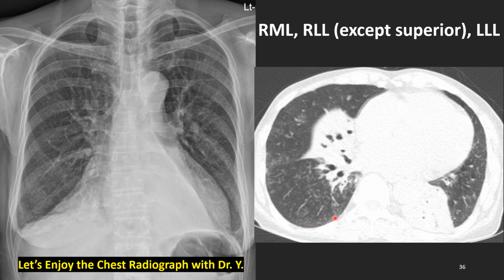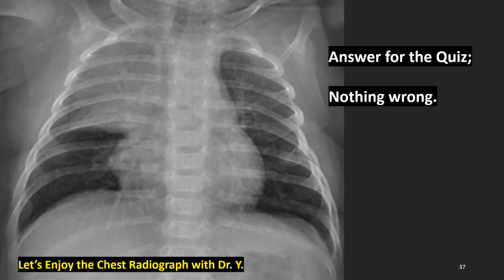This is superior segment, right lower lobe collapse except superior segment. Middle lobe, right lower lobe, left lower lobe collapse. Interesting. Now we became the master of the lung collapse, lobar collapse, atelectasis. Okay, very good. Let's move on.